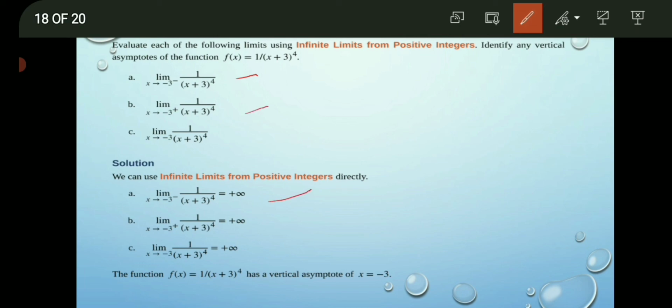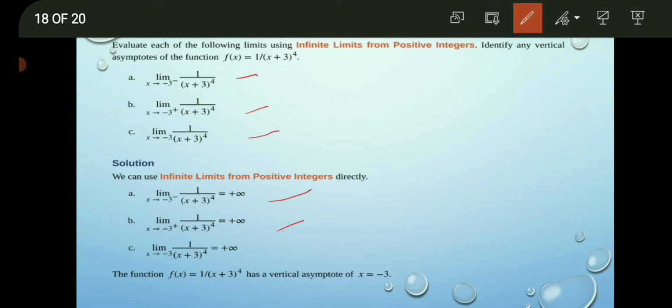In letter B, we have the limit as x approaches negative 3 from the positive side, or from the right, of 1 over x plus 3 raised to 4. We have positive infinity.